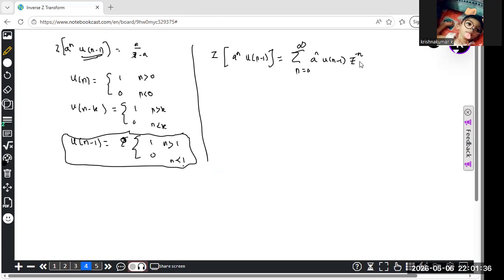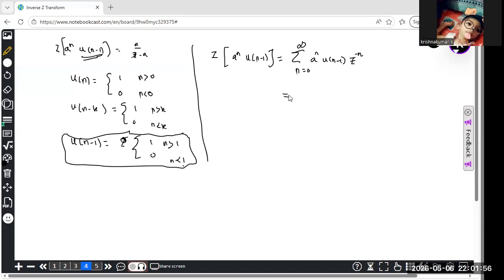This is the general formula for the Z transform. Suppose we have u of n, then we have the form summation n equal to 0 to infinity u of n into Z power minus n. In place of u of n, we have A power n into u of n minus 1. Therefore, we can use this one.